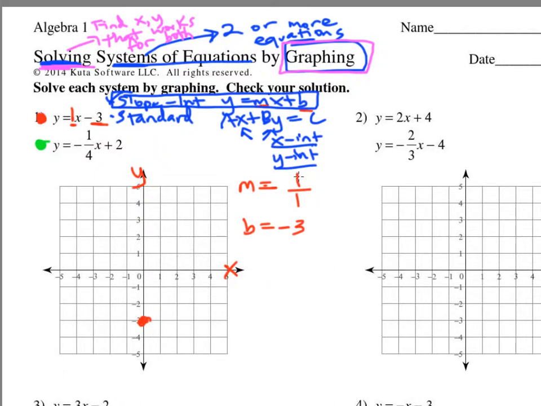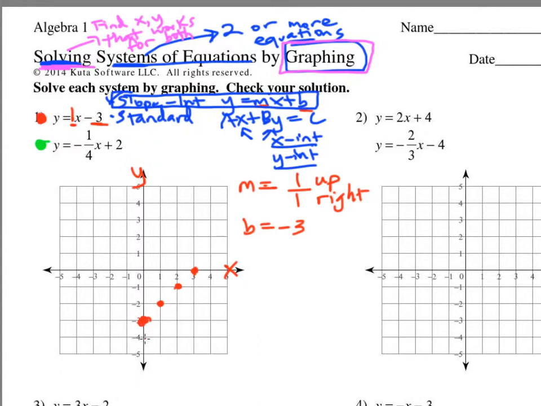How do we move? Remember, this is rise over run. Positive rise would be up, not down, up, and then right. This is positive, goes to the right. So up 1, right 1. Let's do it from here. Let's go up 1, right 1, dot. Up 1, right 1, dot. Up 1, right 1, dot. You don't have to do this many, but just for fun if you want to.